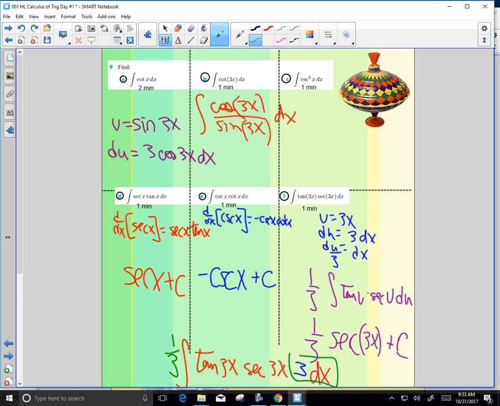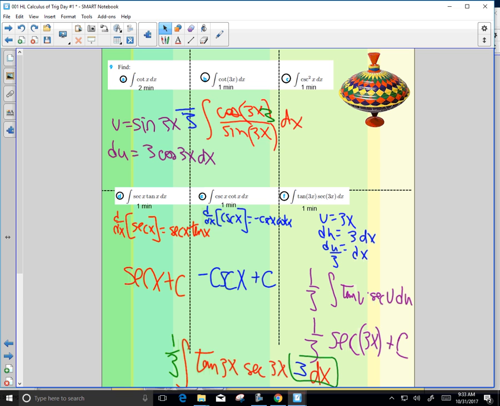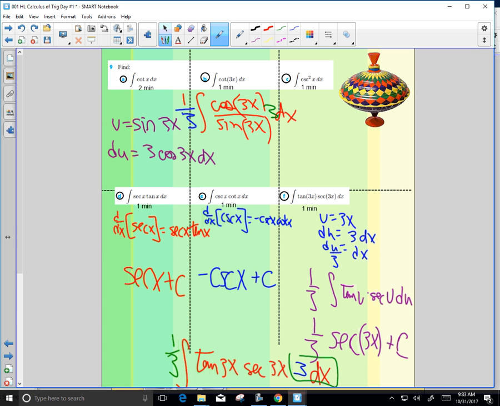What don't I have that I need? A 3. So we pull that 3 out here, or you can put it here, either place. And so this is 1 over 3.